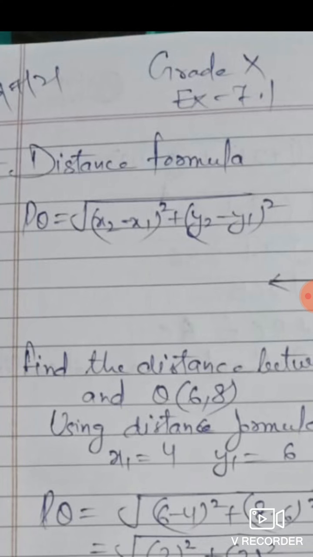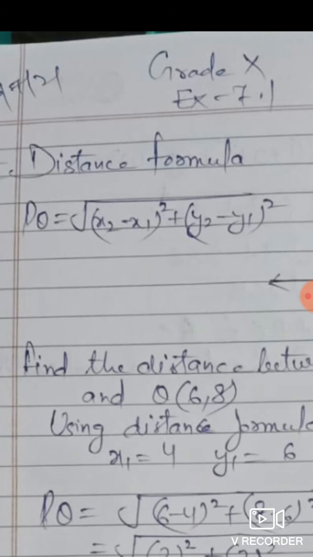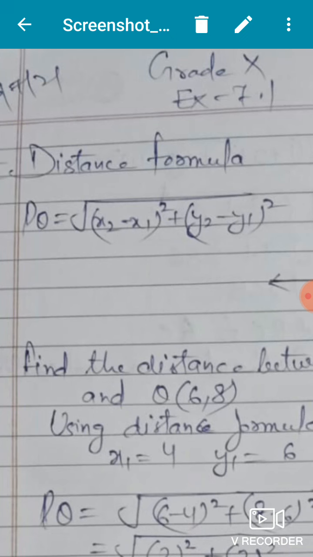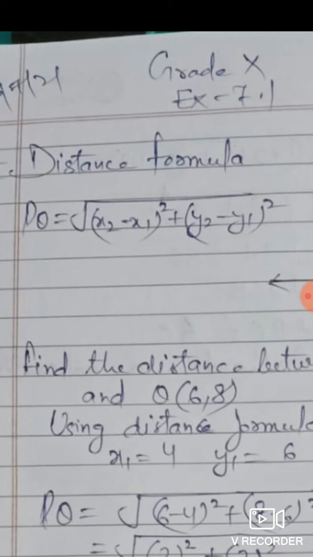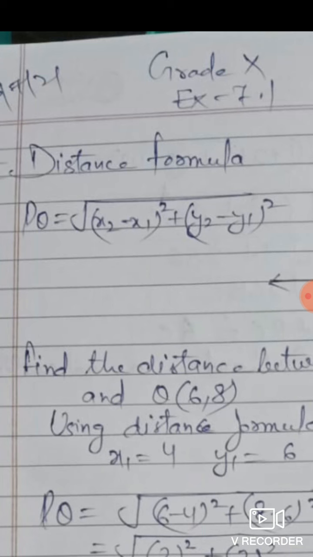And some students cram this formula as x2 minus x1 whole square, but it is not compulsory always to take x2 minus x1. We can take x1 minus x2 also according to our ease. Okay, because it will not make any change in the value, as the whole square is there. Whatever value x2 minus x1 gives when we square it, the same will be there if we square x1 minus x2.